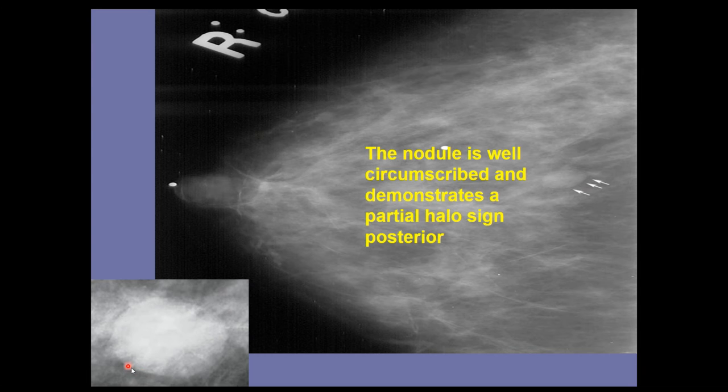In some areas you cannot see the halo sign, but here we can see the halo sign, this radiolucent line. So the nodule is well circumscribed and denotes a benign nature.